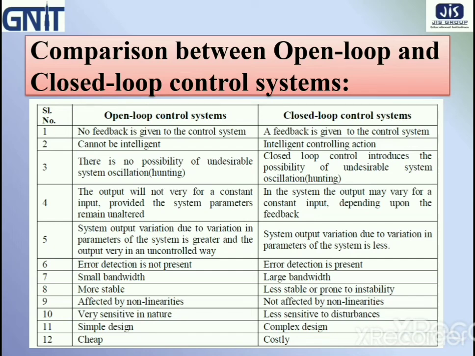In open loop there is no error detection, and in closed loop there is error detection. There are more differences, just go through them. The basic difference between open loop and closed loop is the feedback element.